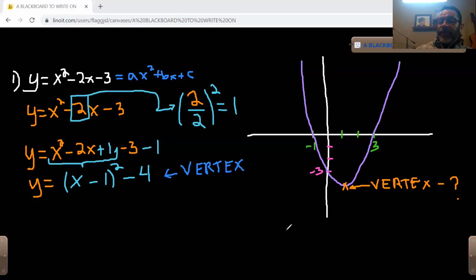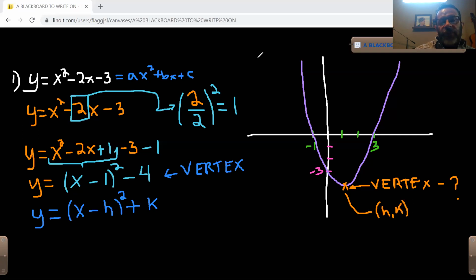And if we remember the definition, the vertex representation said that we had x minus h squared plus k. And remember that what we're looking for here, this coordinate, is h comma k.